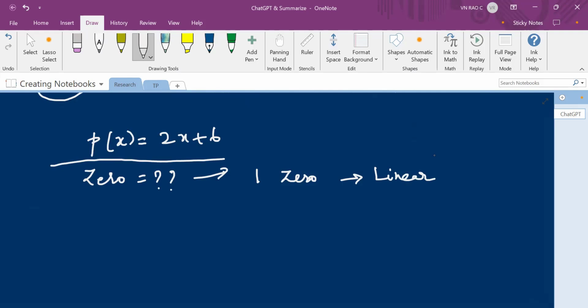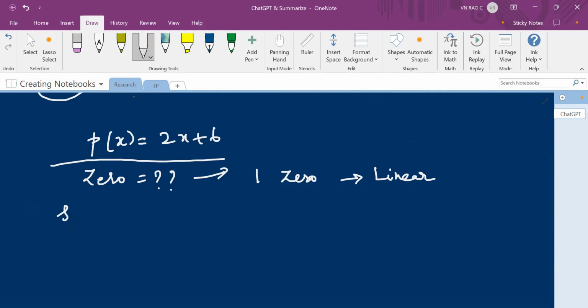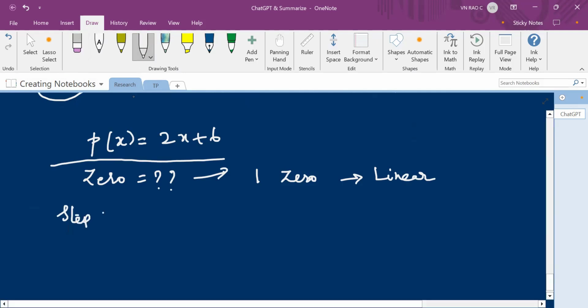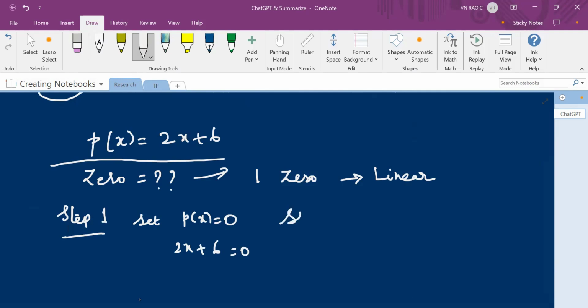So what is step one? Step one is set p of x is equal to 0. That means 2x plus 6 is equal to 0. Step two, manipulate or simplify this.